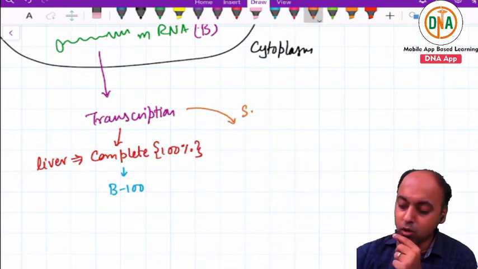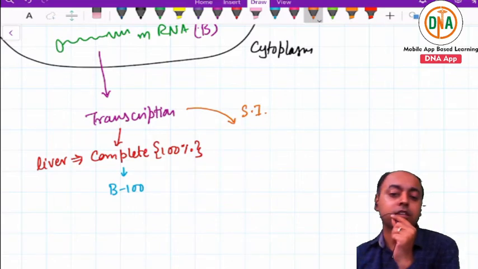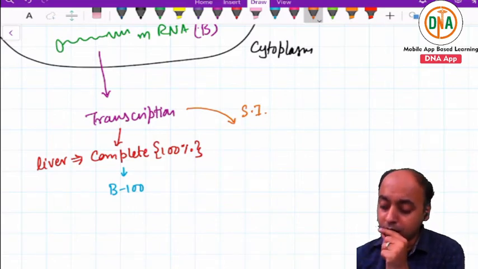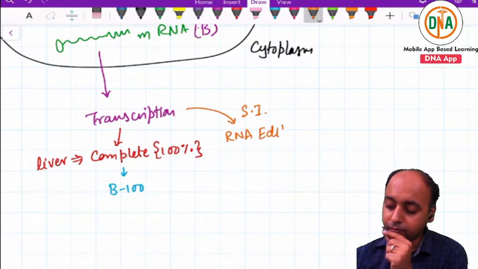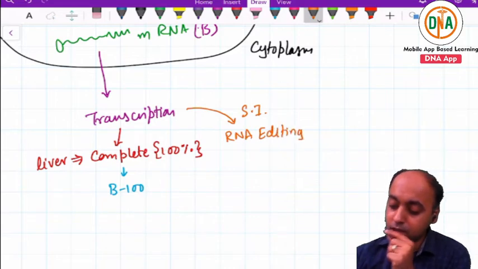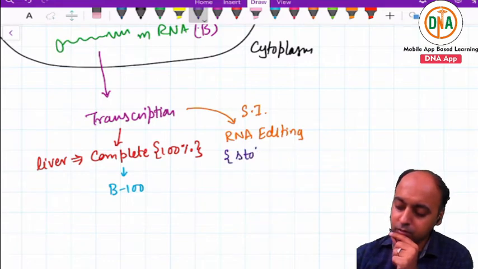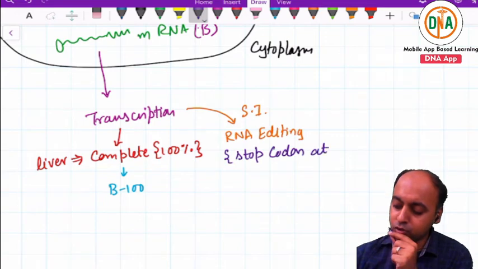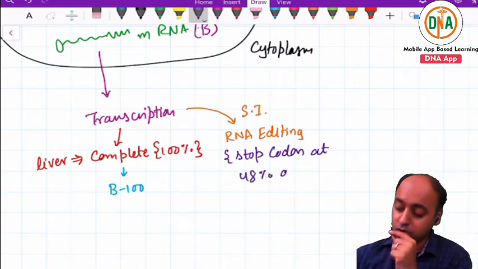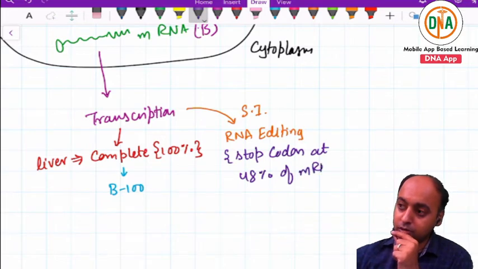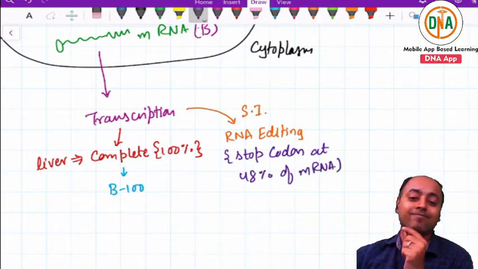in small intestine, there is a phenomenon called RNA editing. The result of this RNA editing is a stop codon is introduced at 48% of the messenger RNA.